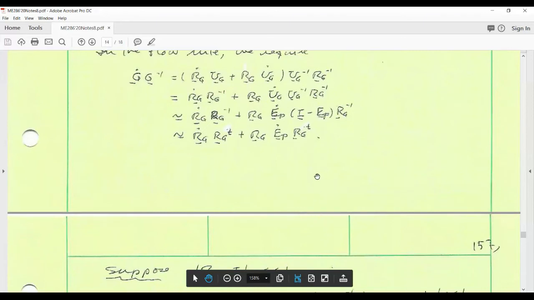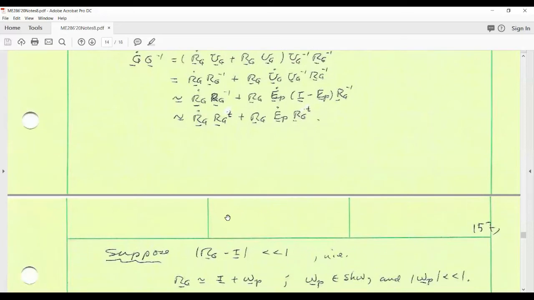In line with our small displacement gradient assumption, that led us to the conclusion, remember, that the rotation in the polar decomposition of F is close to the shifter. So the rotation minus the shifter is very small in magnitude. In this case, because there's no shifter when you talk about the plastic deformation, the corresponding assumption would be that the rotation of the plastic part of the deformation gradient is close to the referential identity.